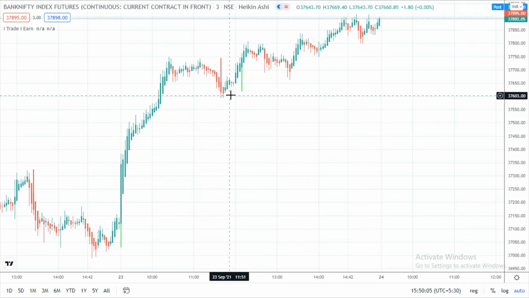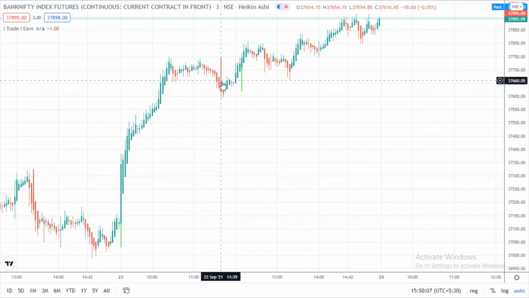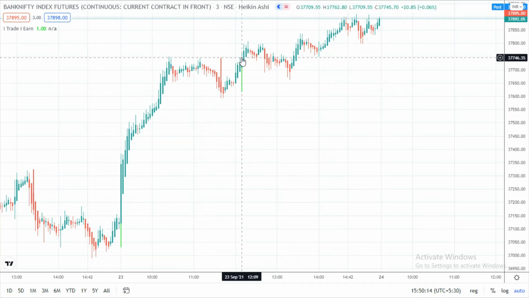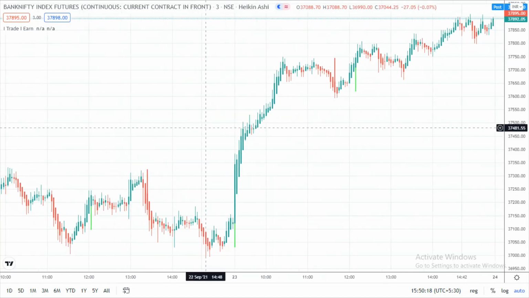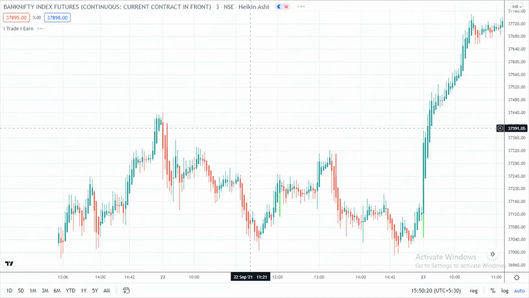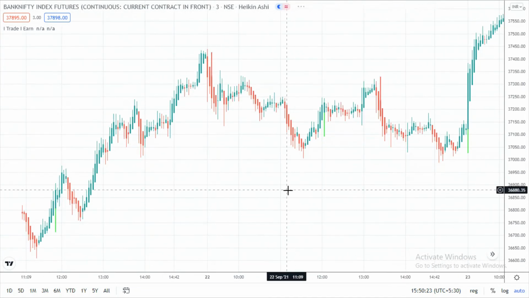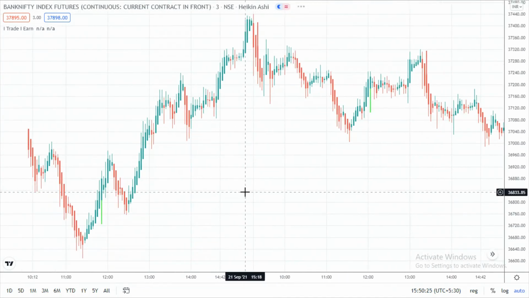How much loss? A matter of 20 points. If you again took a buy position here, you would have got 100 points. But it is advisable that once you make a profit on the first trade, don't trade again that day, leave trading, close your desk.